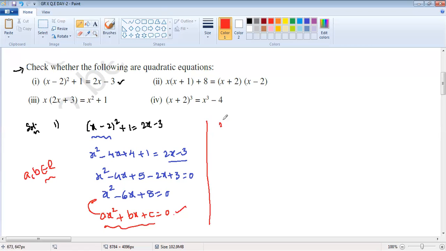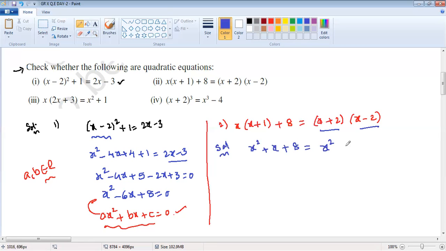Now go for the second one: x into x plus 1 plus 8 is equal to x plus 2 into x minus 2. What are you supposed to do? Let us open the bracket on the left side. It will be x square plus x plus 8. Then on the right, a plus b into a minus b is a square minus b square.